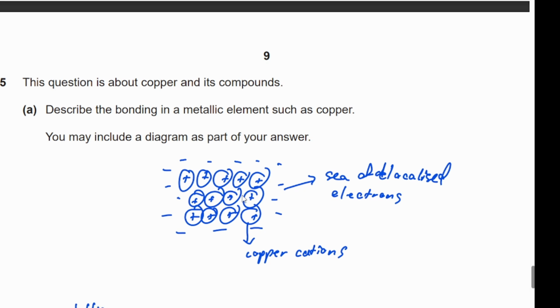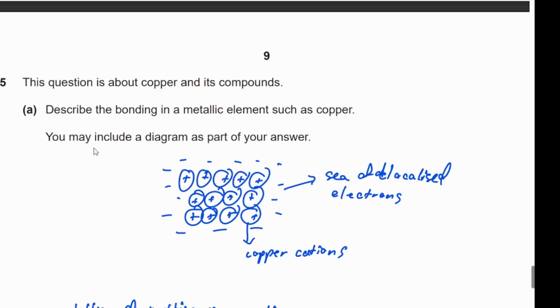So in this case, it will be a lattice. Lattice just means a large arrangement of positive copper ions, and you have a sea of free moving delocalized electrons.